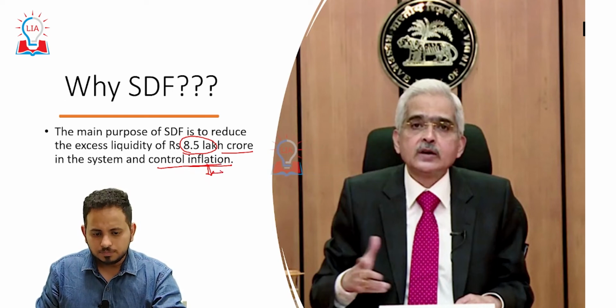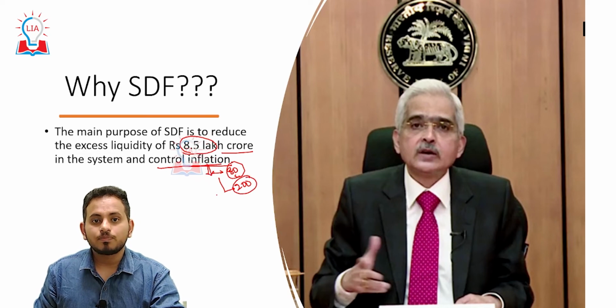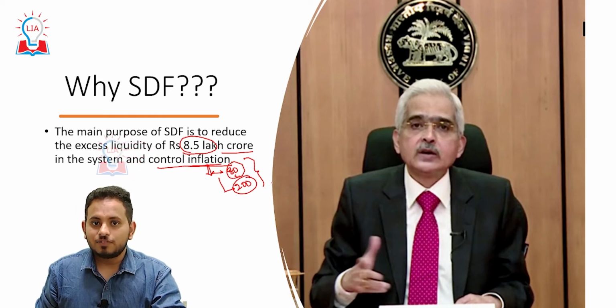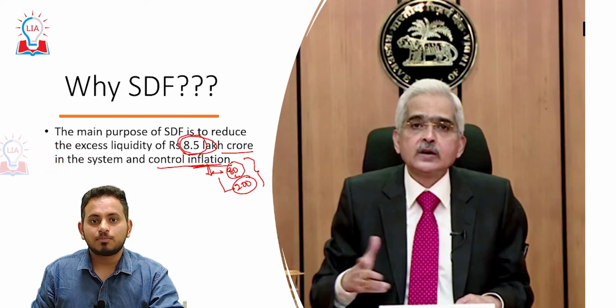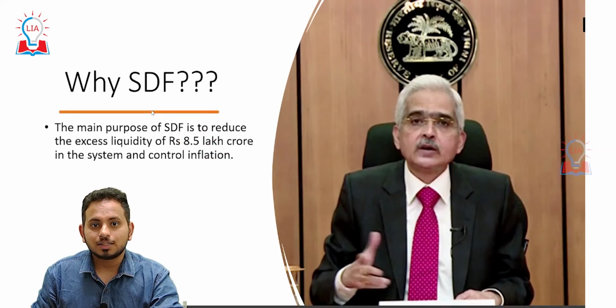For example, suppose a kg of apples which is costing 80 rupees now, 6 months down the line is costing 200 rupees, then you call this inflation. If the price reduces, then you call it deflation. So in order to control this inflation, the RBI wants to suck out the money from the market. So in order to suck out the money from the market, RBI has introduced something called the Standard Deposit Facility.